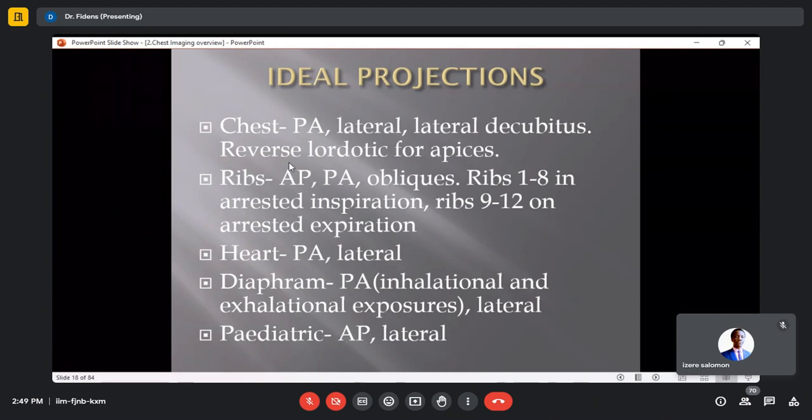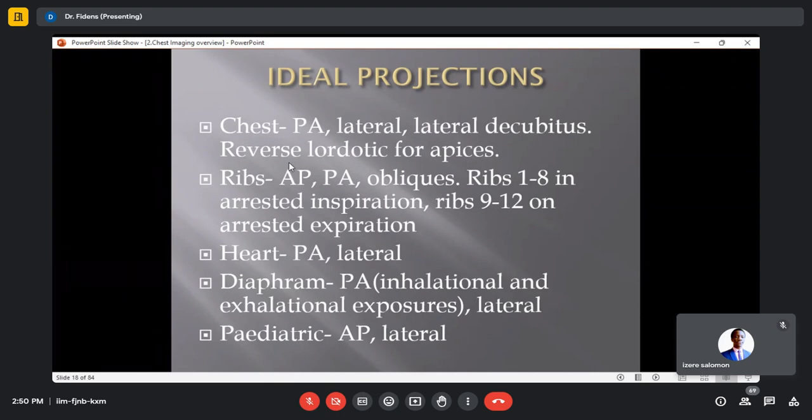You remember from the anatomy. For the diaphragm, a posterior view is good, and the lateral view can also show you the diaphragm very well.